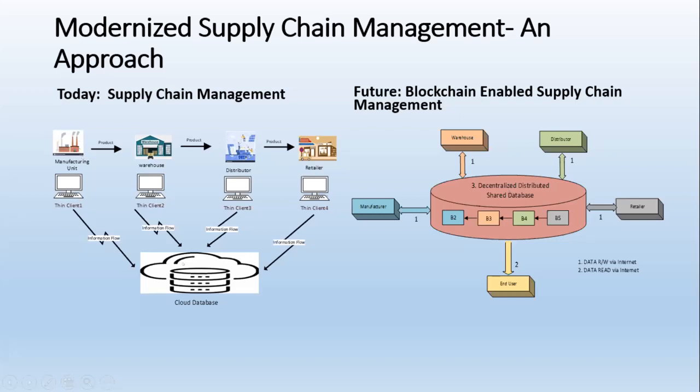If you look at today's supply chain management diagram, multiple parties are involved, for example, manufacturing unit, warehouse, distributor, and retailer.